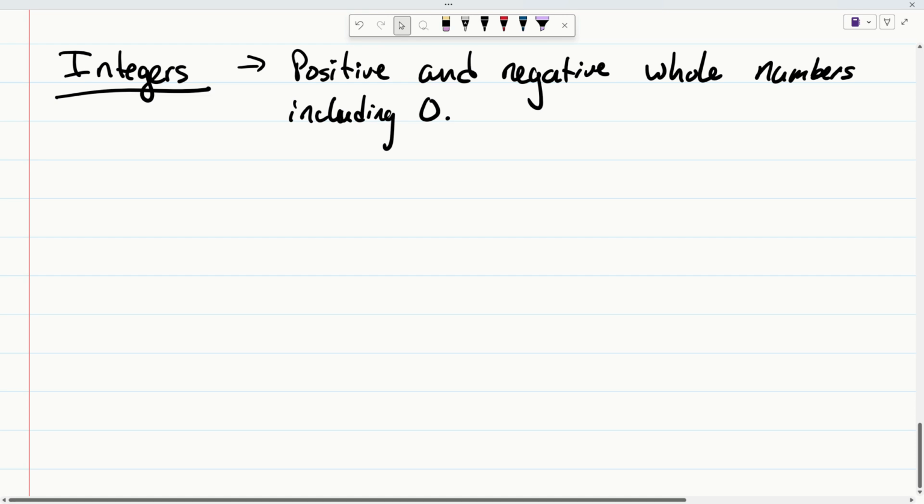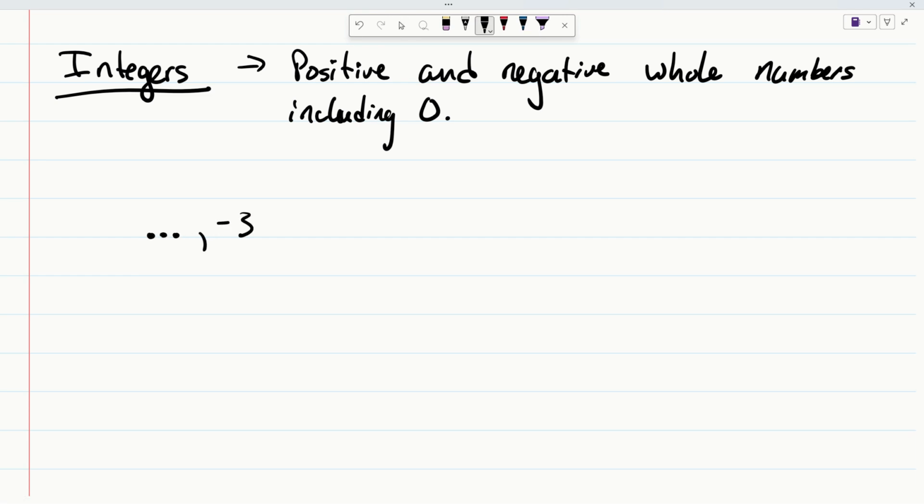So here's what they look like. We have these 3 dots, which just means to keep going to the left. And then we have 3 more dots that just says keep going to the right. So notice integers are not fractions. They are not decimals. They are whole numbers, but they're also positive and negative representations of them.